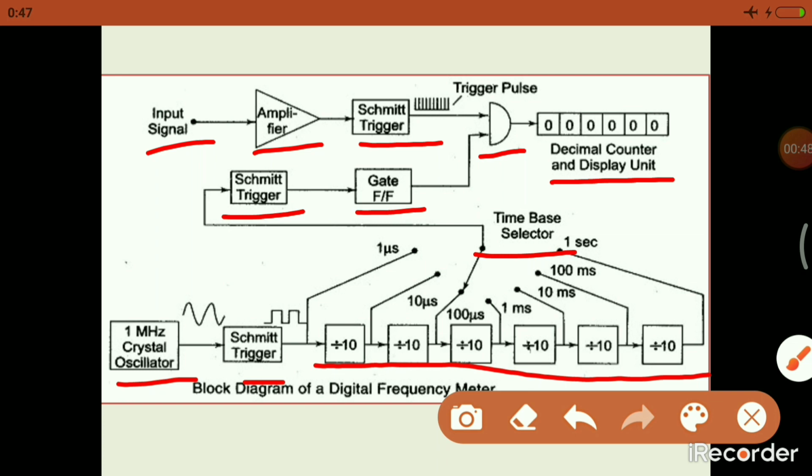So these are the blocks used for measurement of the frequency of an unknown input signal.